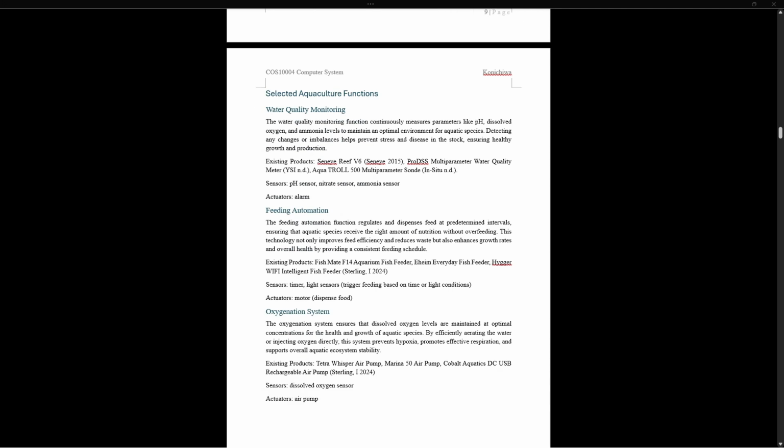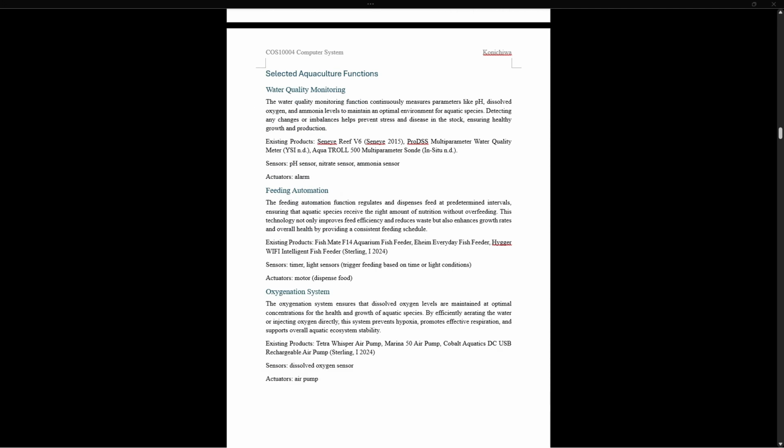Up next, we have the selected aquaculture functions that can exist as a self-contained system with three existing examples of products. First, we have the water quality monitoring system. This function continuously tracks pH, oxygen, and ammonia levels, which is essential for fish health and stability.